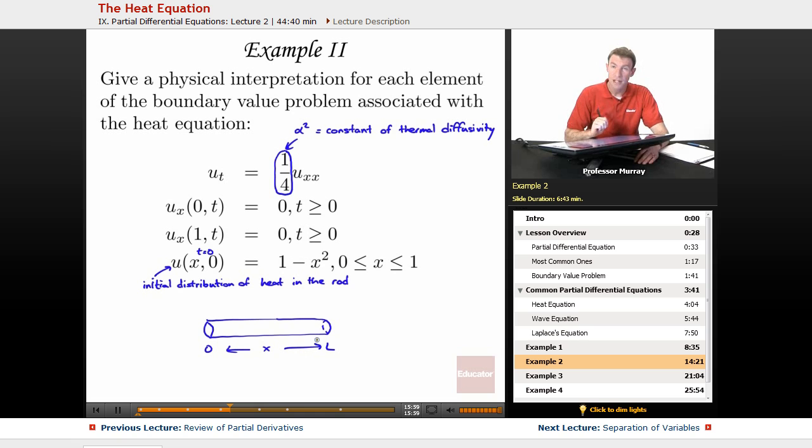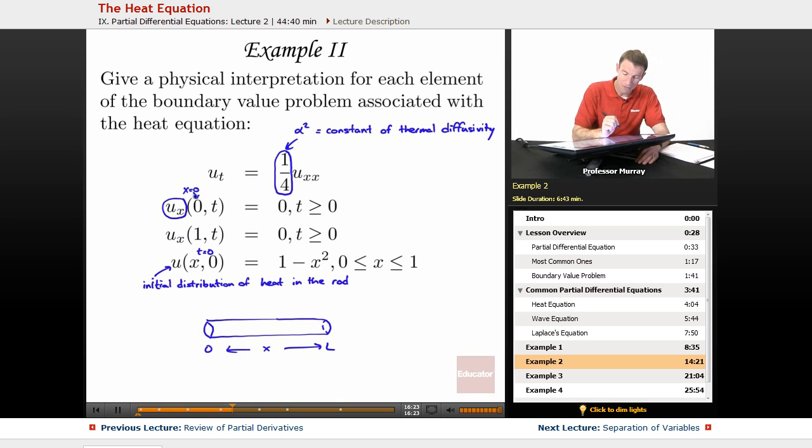And then here's the new element for this problem. Instead of u of 0,t, we have u sub x of 0,t. So how is that different? Well, if u sub x of 0,t is 0, it means we've plugged in x equals 0.